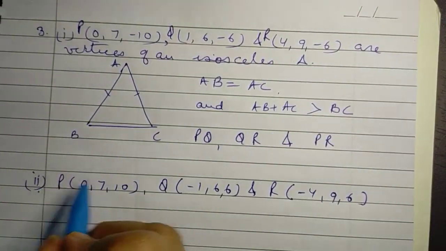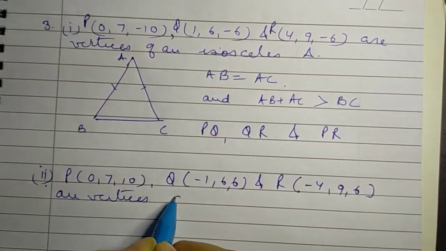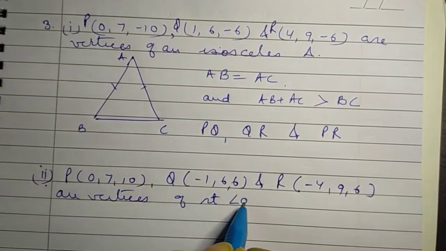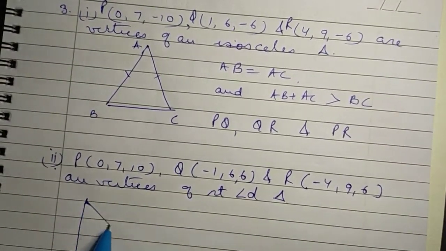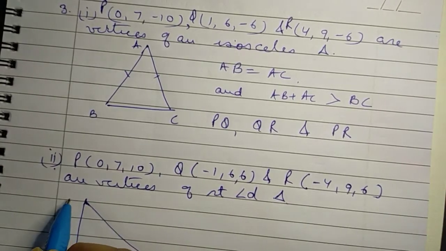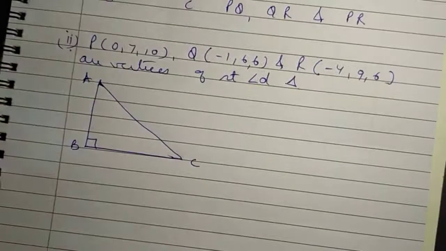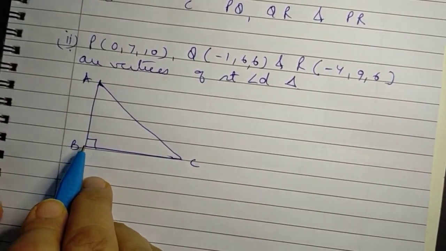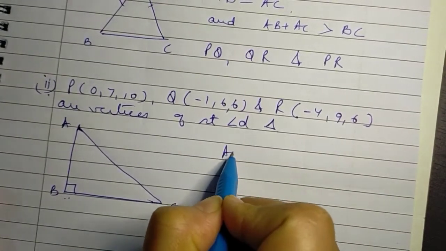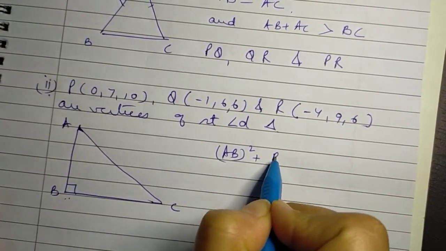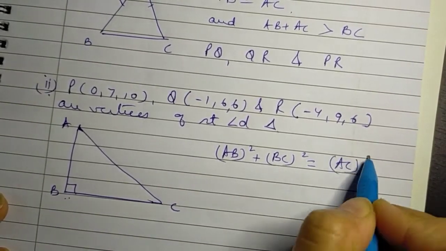They have to be shown to be vertices of a right angled triangle. Now what is so special about a right angled triangle? Suppose A, B, C are the vertices of a right angled triangle which is right angled at B. Then we should have AB whole squared plus BC whole squared equal to AC whole squared.